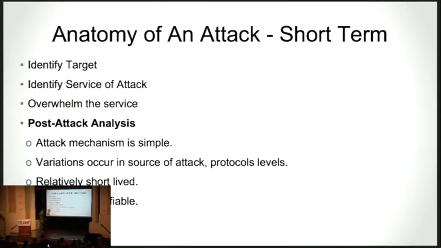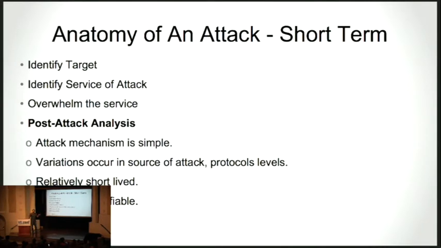If you break down the anatomy of a short-term attack, as I said earlier, it's super simple. You identify a target. Who do you want to break down? For example, we can take an attack that actually happened on some of the DNS servers around the world. It was a simple attack, where bots across almost the whole world were directed towards attacking DNS servers, just to slow them down.